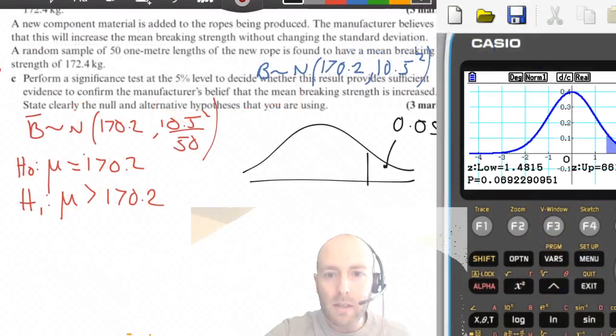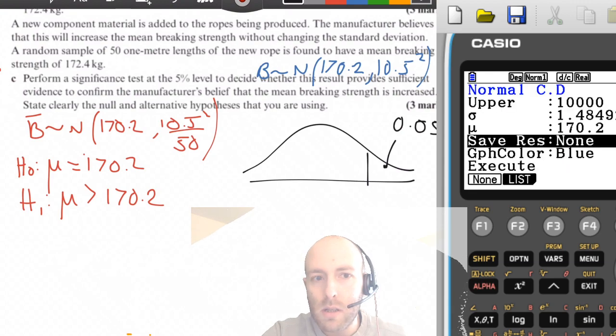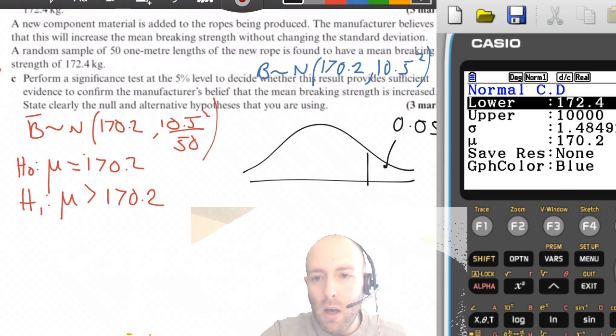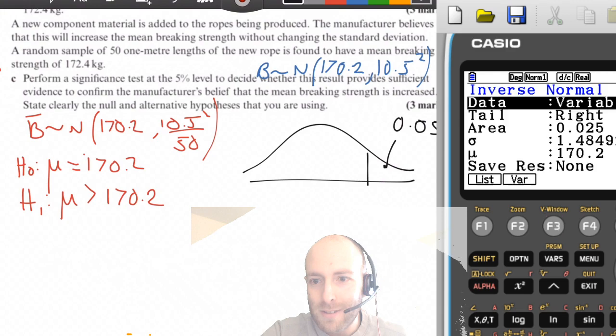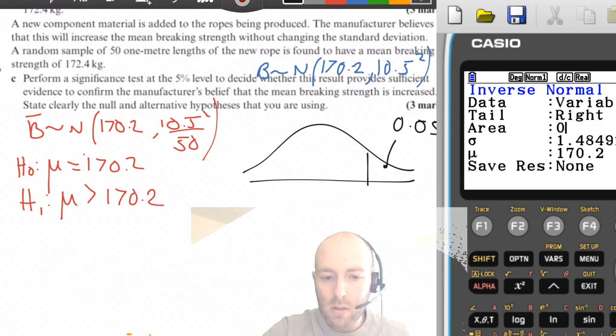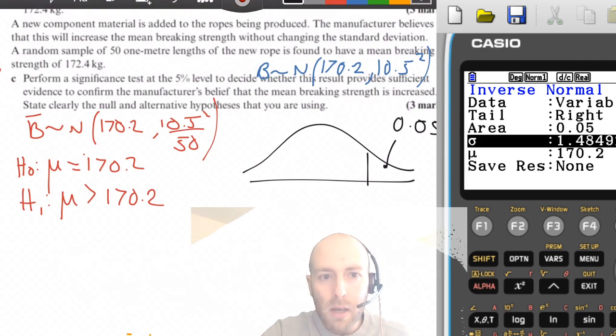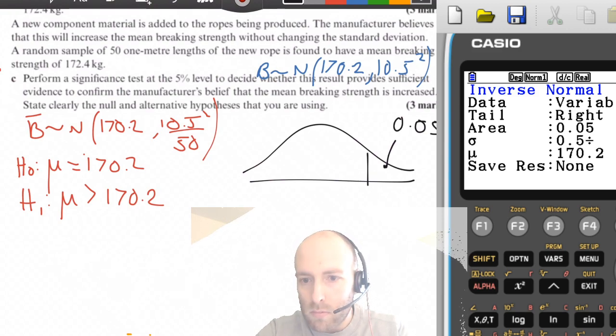So if I bring up the calculator and type it all in. We're doing inverse normal again because we know the probability. So distribution, normal, infinite, tails to the right, area 0.05. Sigma is, I'll type it in again just in case, 10.5 over square root of 50.